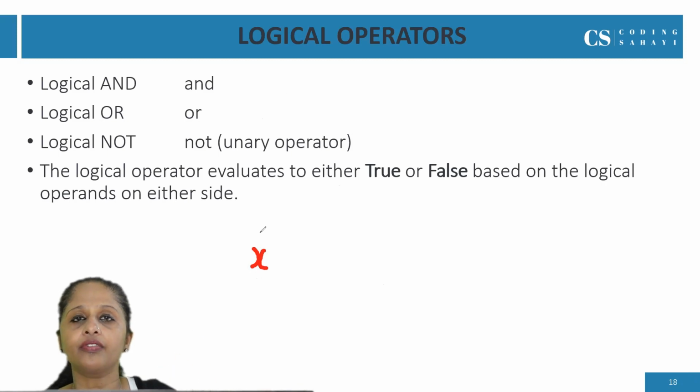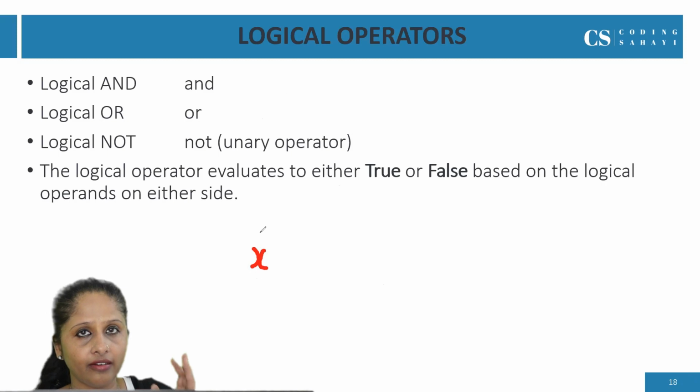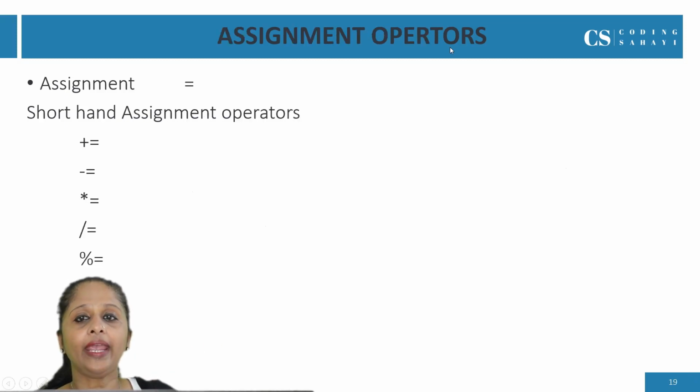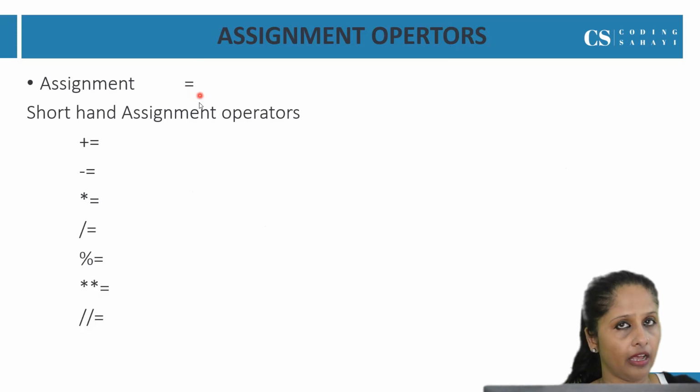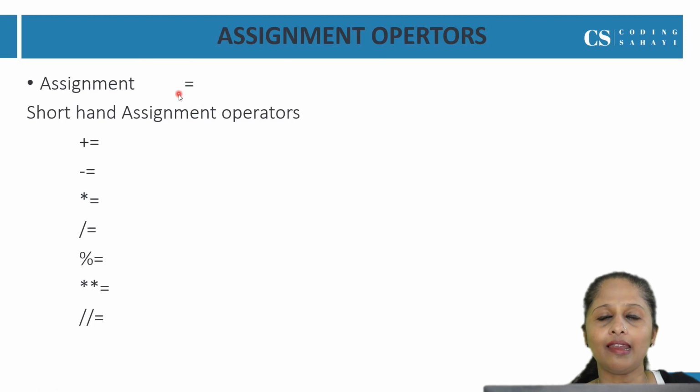When we study the if condition, we will also use these logical operators and relational operators in detail. Next we have assignment operators. The assignment operator is nothing but equal to. We already studied double equal to, and there is a difference between double equal to and this equal to. This is the assignment operator.